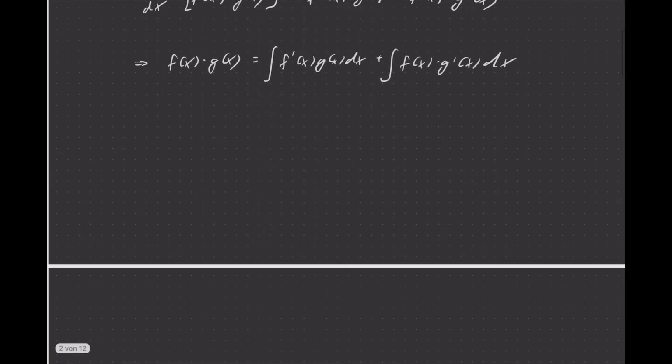And let's formulate that as a theorem. So that is the integration by parts formula. What we need to apply that is an open interval as usual, and functions f and g that are differentiable on an interval.